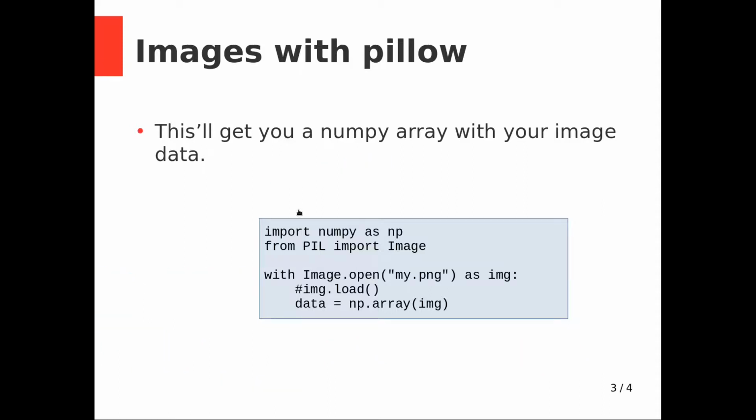Oh, right. So I have called img.load, but you don't have to use it, which is why it's commented out. PIL will automatically call img.load the first time you try to use image data. I tested this, and it works precisely the same whether you call img.load or not, because when you reference the image data, it will automatically load it on demand. Very nice.